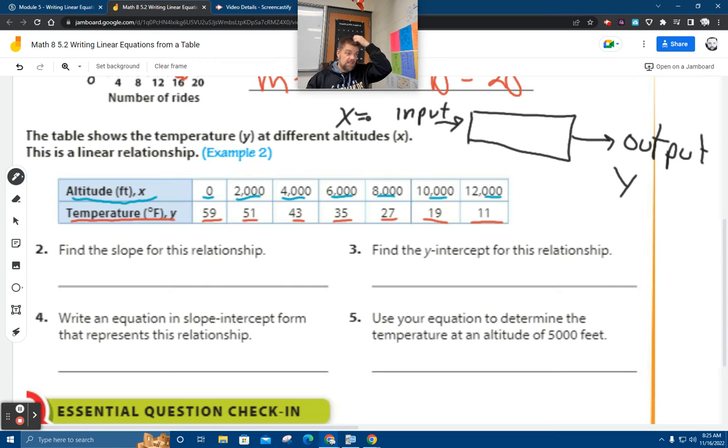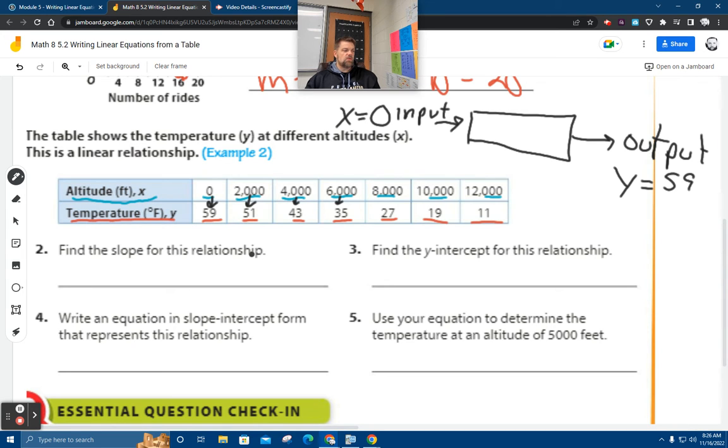So when X equals 0, this function spits out Y equals 59. When I plug 4,000 into the equation, it's going to spit out 43. When I plug 6,000 in for X, it's going to spit out 35, and so on.